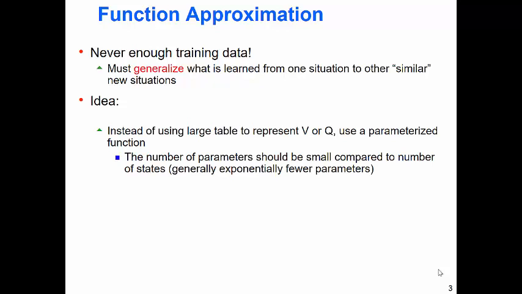And so we're going to now represent V and Q with some parameters and a functional form that takes those parameters and defines a function for the whole space. And the number of parameters is going to tend to be exponentially smaller than the number of states that the function can range over. Okay?